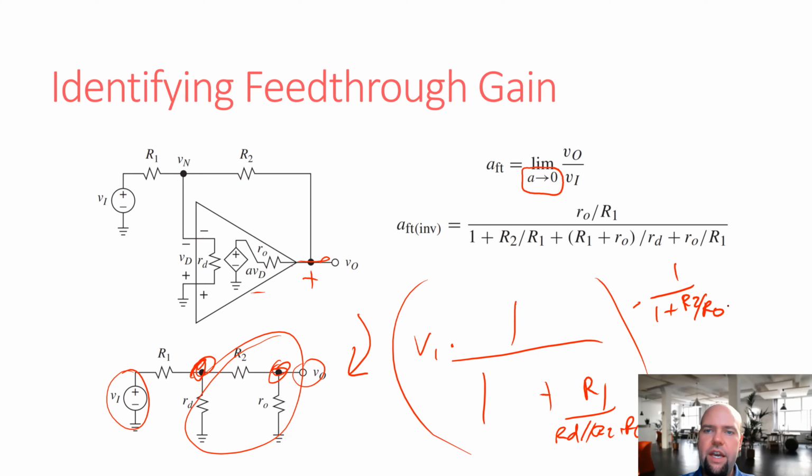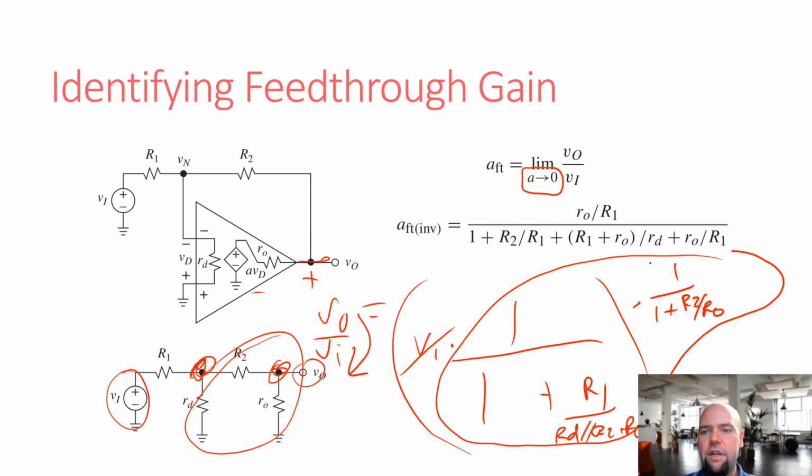So now V out equals this whole thing. Divide both sides by V in, and you get this big giant expression here.